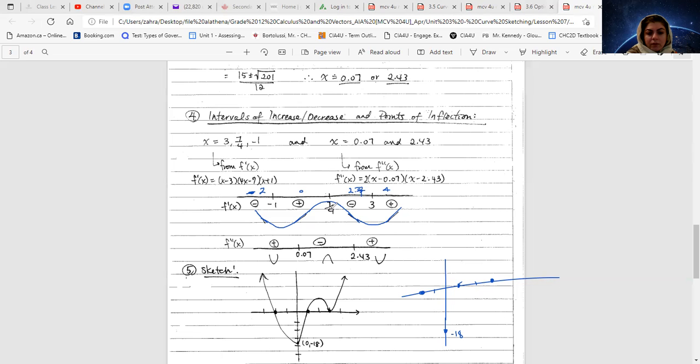And at -1, here at -1, we have a minimum, make sure. And this is what is happening. We have a negative, have a minimum here. And then at 7/4, we have a maximum.